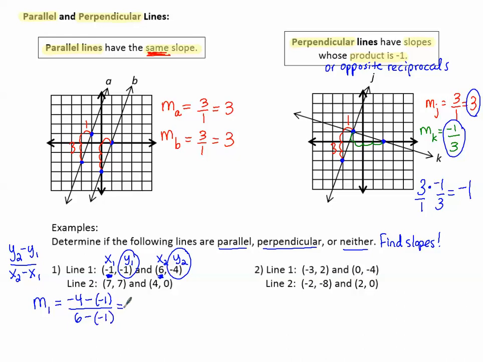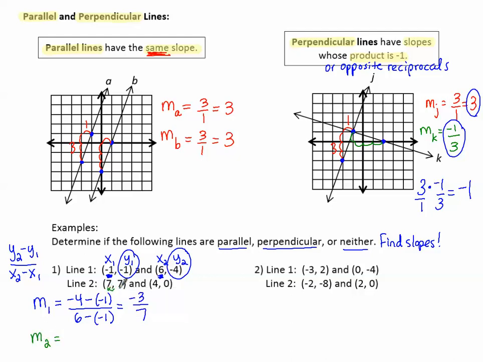And then we can type it in our calculator or simplify. -4 plus 1 is what that is, over 6 plus 1. There we go, -3/7.